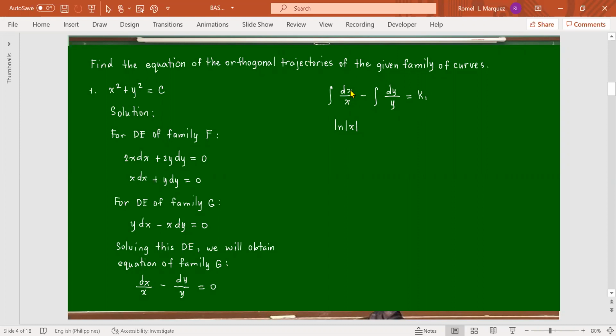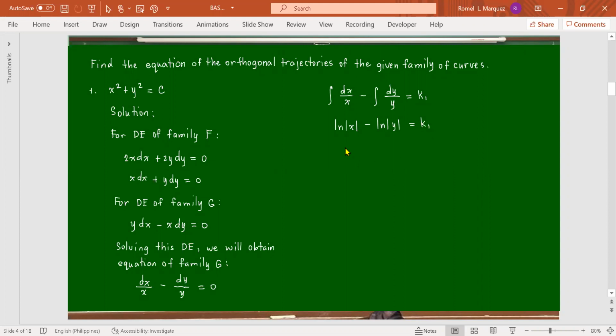This is the integral of du over u, so that is ln u. Our u here is x. Same thing for the integral of dy over y, so that is ln of absolute value of y. We take absolute value because there is a possibility for x and y to be negative numbers. So here equals k1.